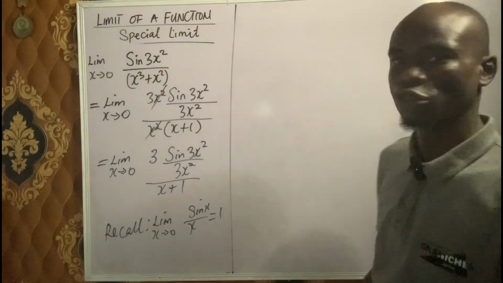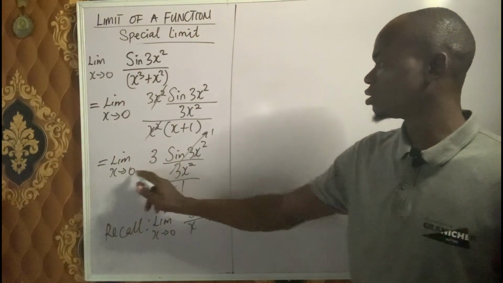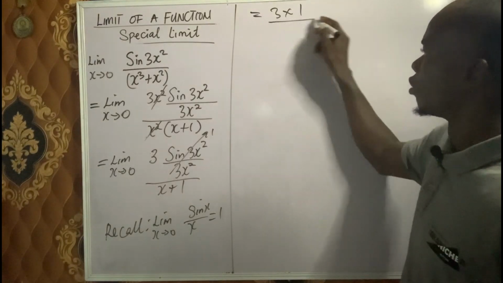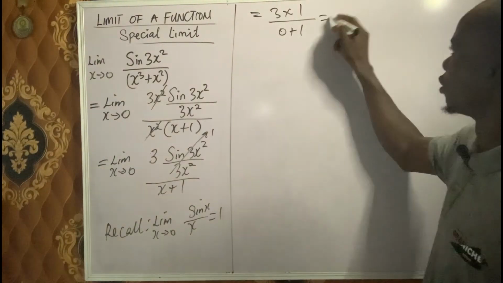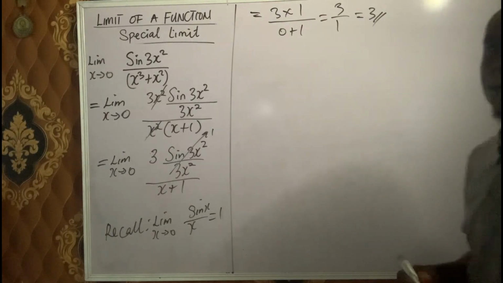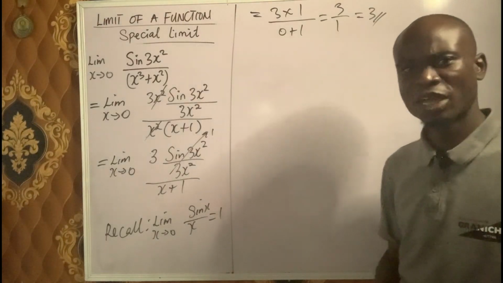So with that we can substitute and this becomes 1. x is 0, so I'm going to have 3 times 1 over 0 plus 1, leaving us with 3 over 1, which is 3. So that is how we solve problems on special limit that involve sine.